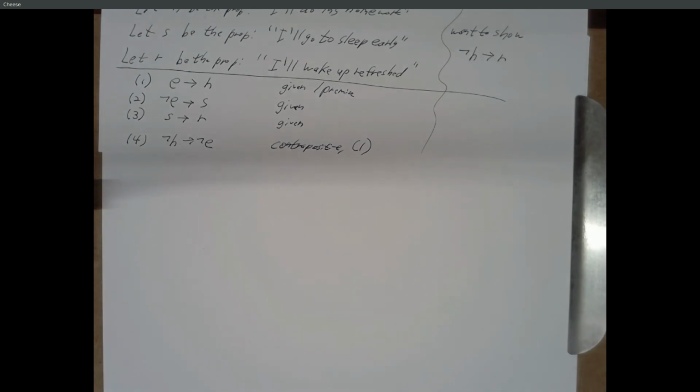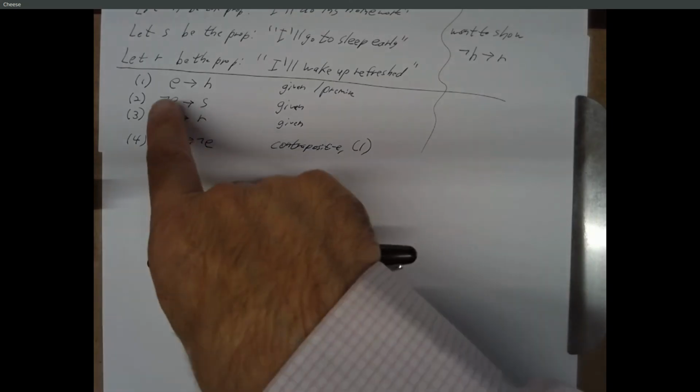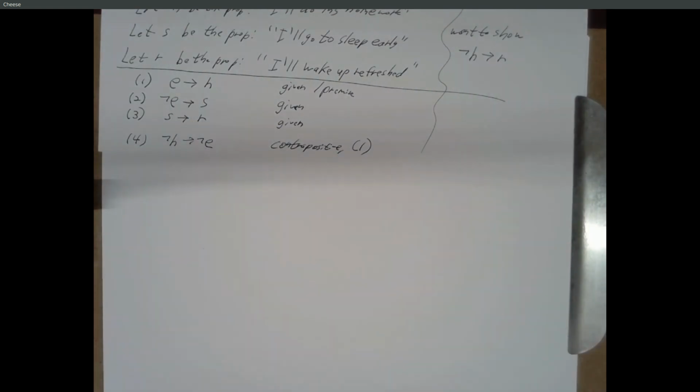Anybody looking at this proof, the first 3 arguments are given, they can't disagree with those. The 4th one they can say contrapositive. That says P implies Q is equivalent to not Q implies not P. Applied to statement 1: 1 says if E then H, so contrapositive says if not H then not E. Yeah, that's valid. That definitely follows.